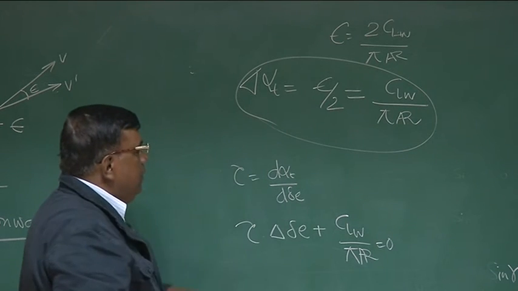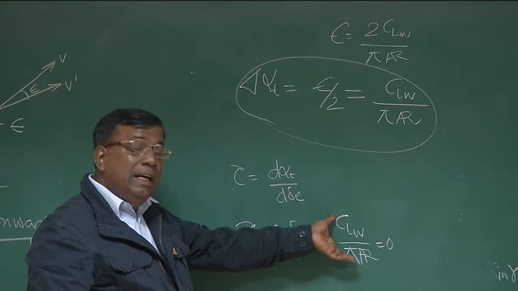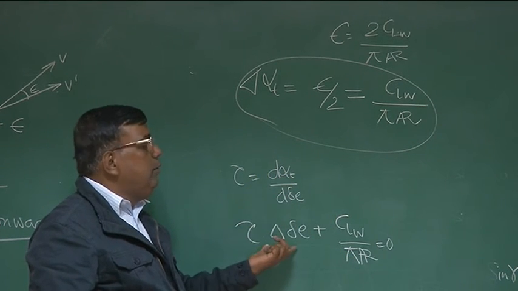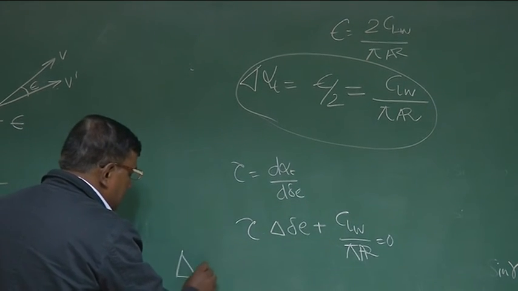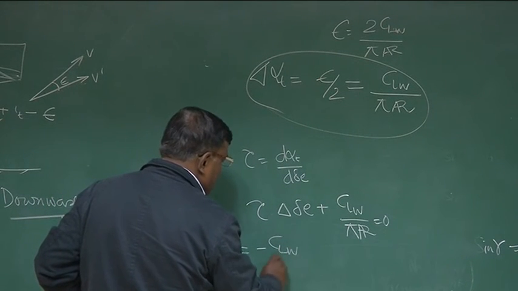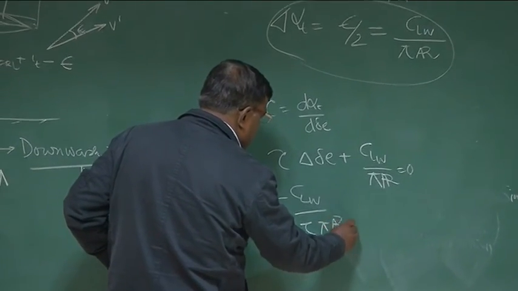That means whatever additional increase in angle of attack there is at the tail has to be compensated by changing alpha t through delta E deflection using tau. So from here I get delta delta E equal to minus CL wing by tau pi aspect ratio.